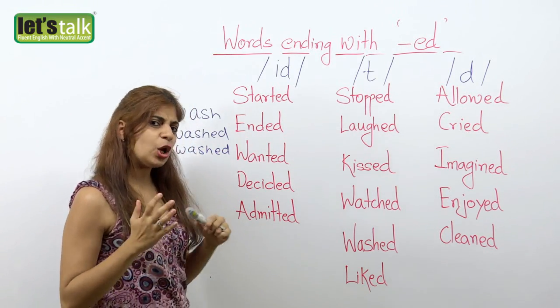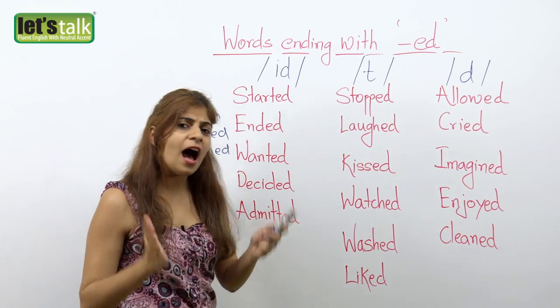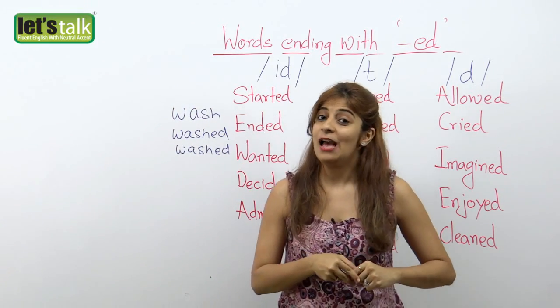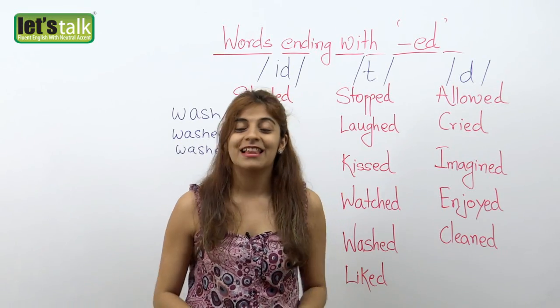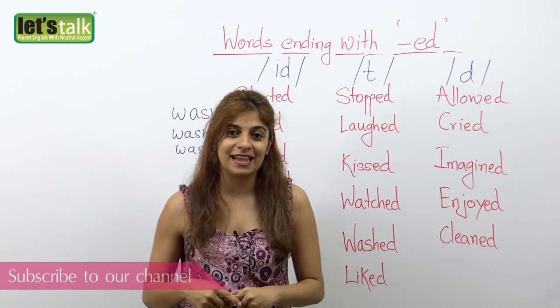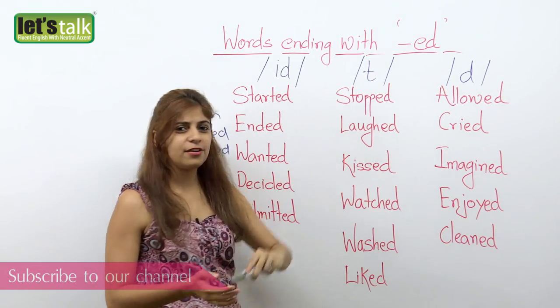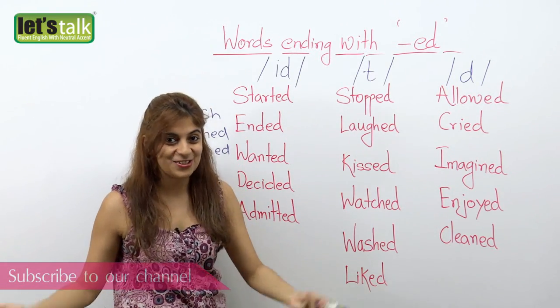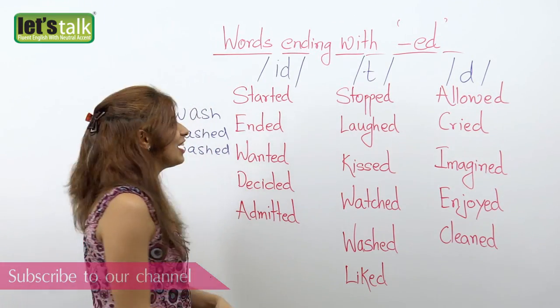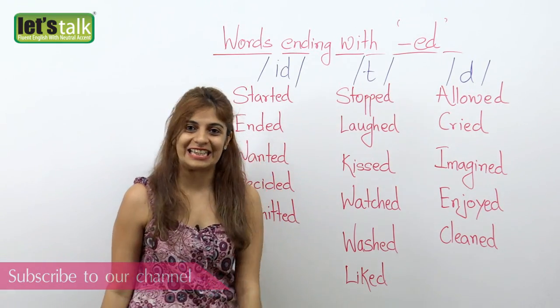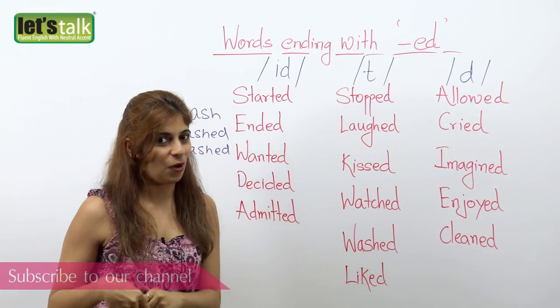But the question is, how should one pronounce the ed at the end of these words? Well, the answer is that there are 3 ways of pronouncing it. Really? There are 3 ways for the same letters? Well, it's English. So we are going to look at the 3 ways of pronouncing the letters ed, which come at the end of the words.